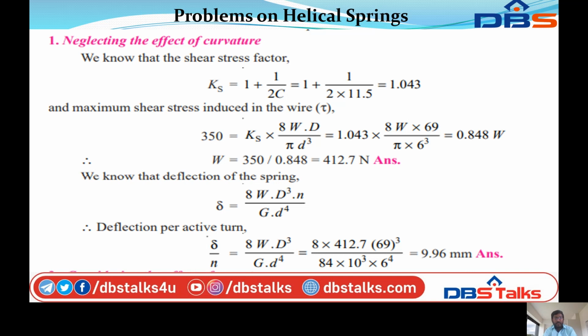So we already know tau is given, W is not given, so W will be calculated. So substitute the values.